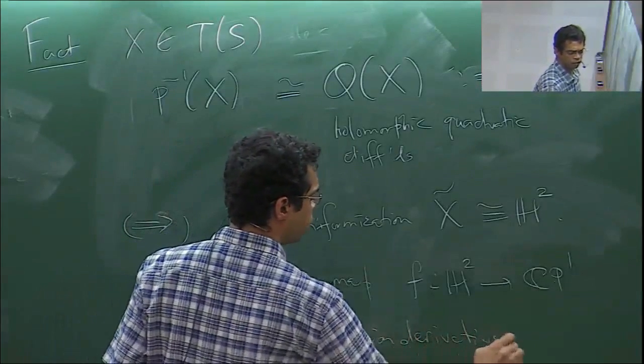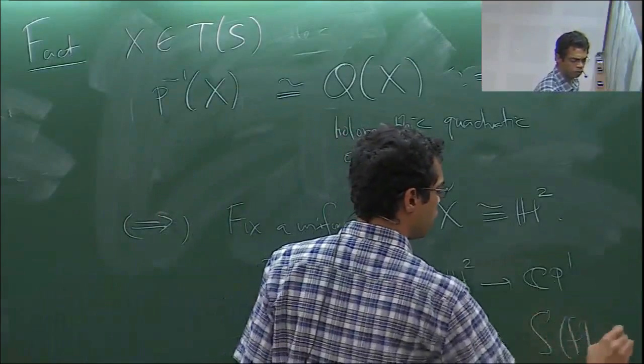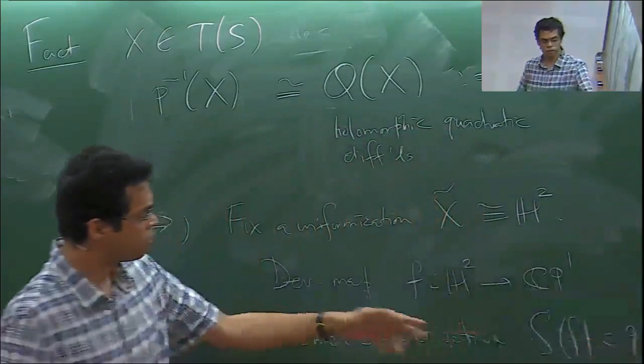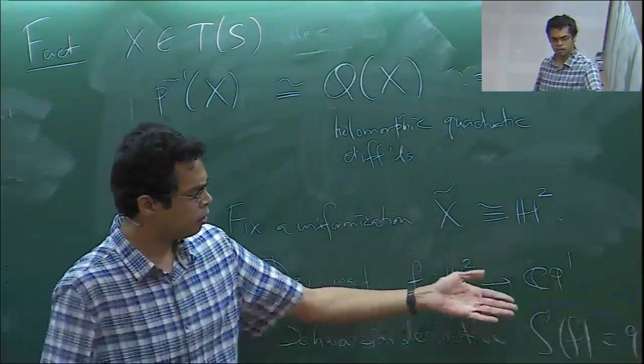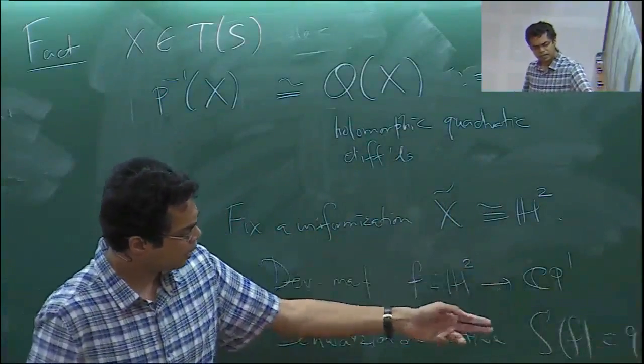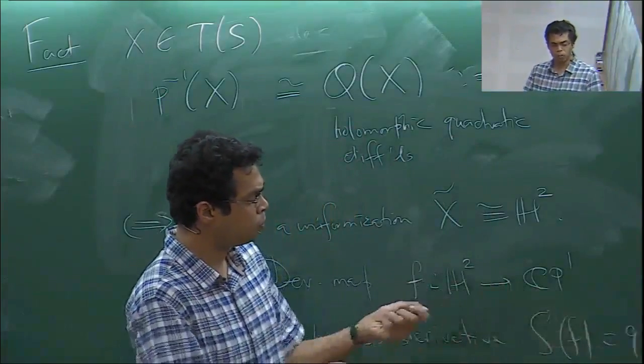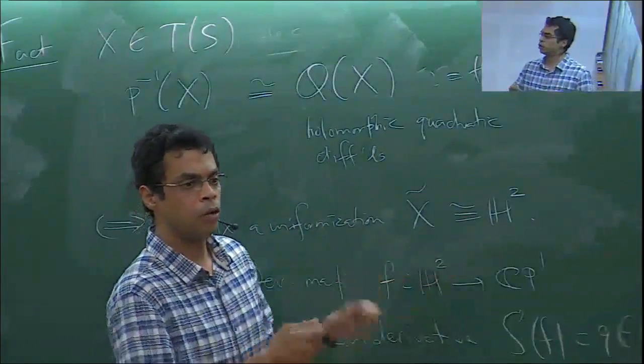And the Schwarzian derivative of the developing map gives you a quadratic differential. I won't say what the Schwarzian derivative is, but it's a differential operator that exactly measures the deviation from being Mobius locally.